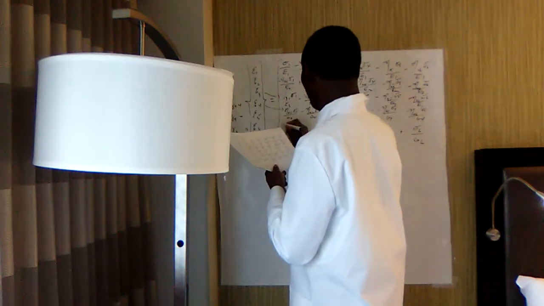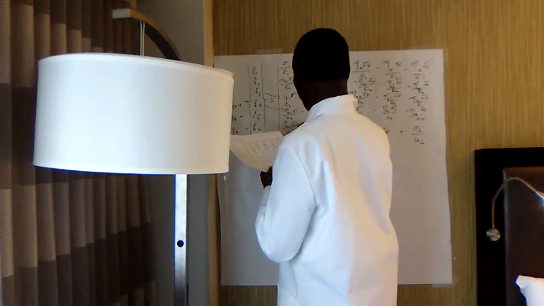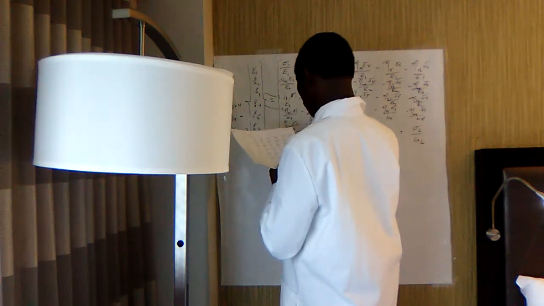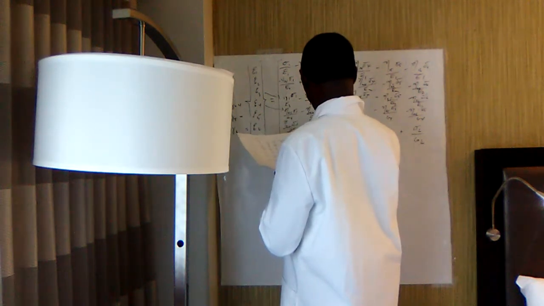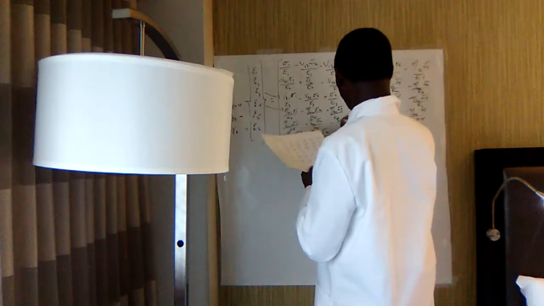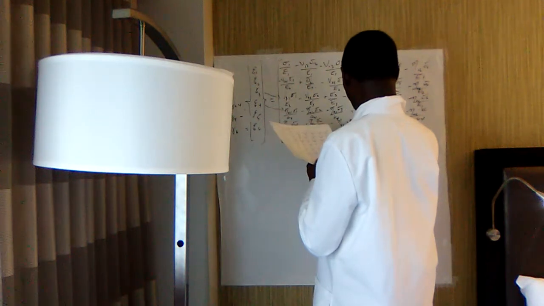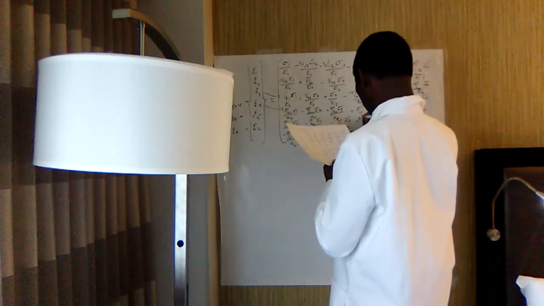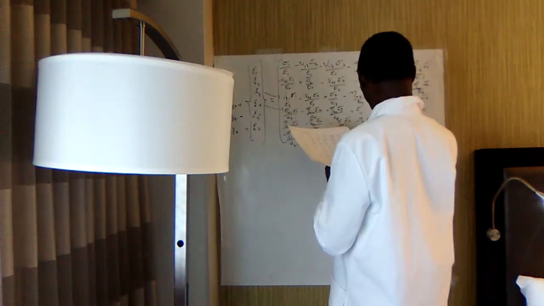Let's drop in some 5 here, and 5, 1, sigma 1 over G5. 5, 2, sigma 2 over G5. 5, 3, sigma 3 over G5. 5, 4, sigma 4 over G5.